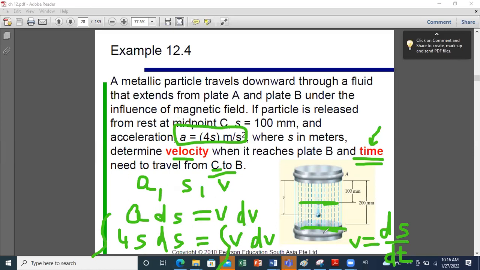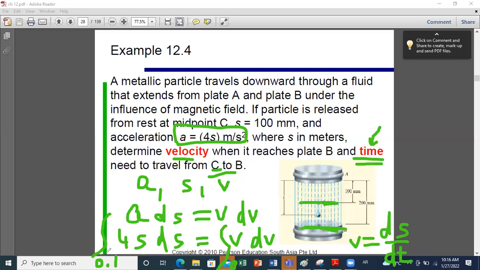So when I integrate here, I will integrate from the initial condition, which corresponds to point C. So s of C is 0.1, and it corresponds to an initial velocity of 0. But for the other boundary, I will make it general.